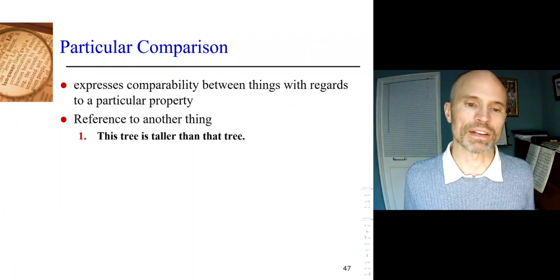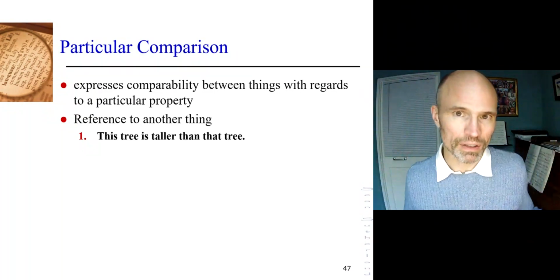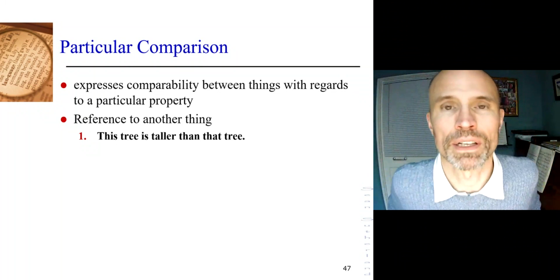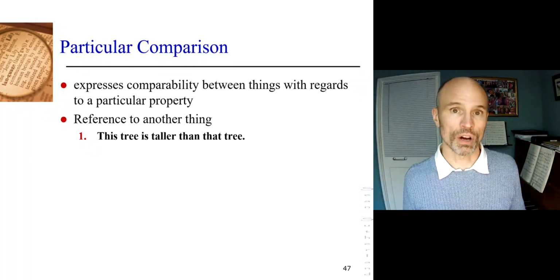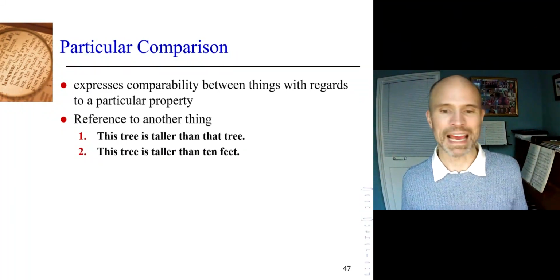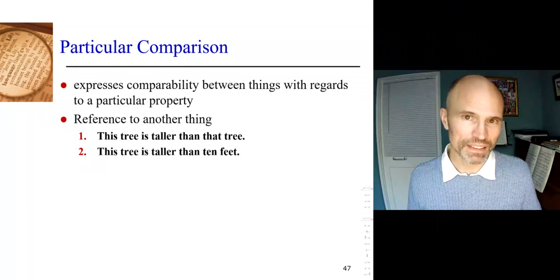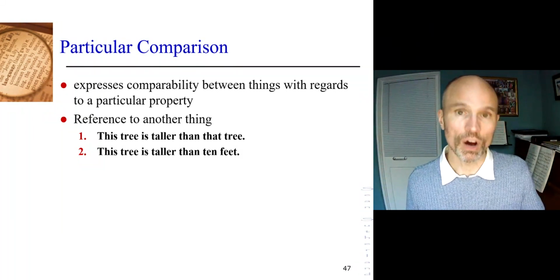This tree is taller than that tree. You think of it as you always got A and B being compared on some sort of scale. Here you have this tree is A, that tree is B, and the scale is tallness, right? Here you've got this tree A being compared to 10 feet, so being compared to a unit on a scale again of height, of tallness, right?